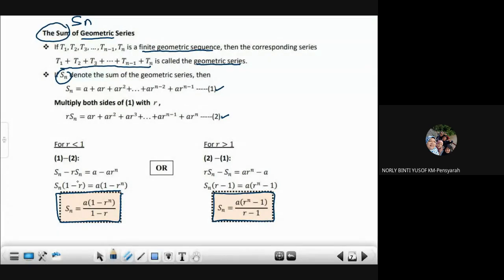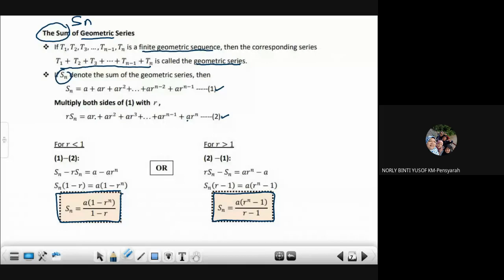Ni nak terbitkan formula ni lah, tapi just to understand, tak perlu tahu untuk derive. Okay, and then A minus AR N, ini minus ni, and then nak cari ni factorize Sn ni, and then akan tinggal 1 tolak R. Dan you akan dapatlah first equation.